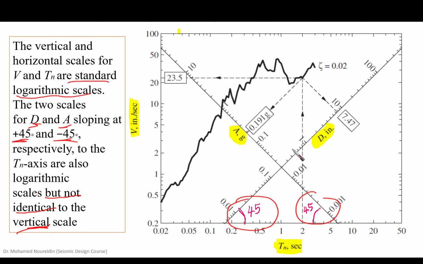That's the point here. They are logarithmic, but they are not identical to the vertical scale. We need to keep this in mind, but they are very easy to construct, as I said, and you can get the information very easily from this graph.